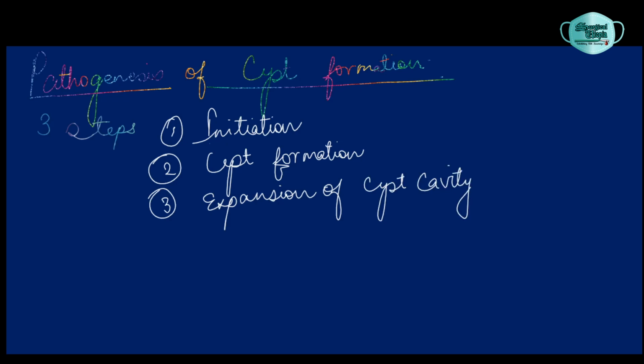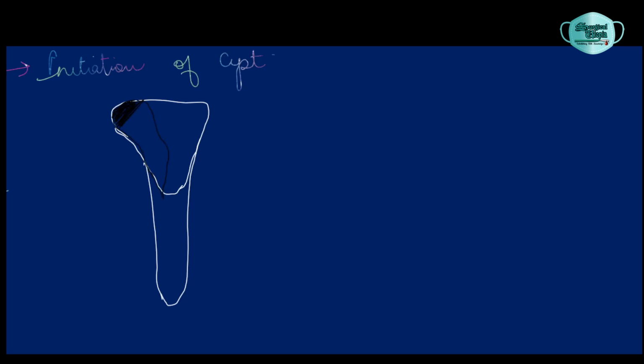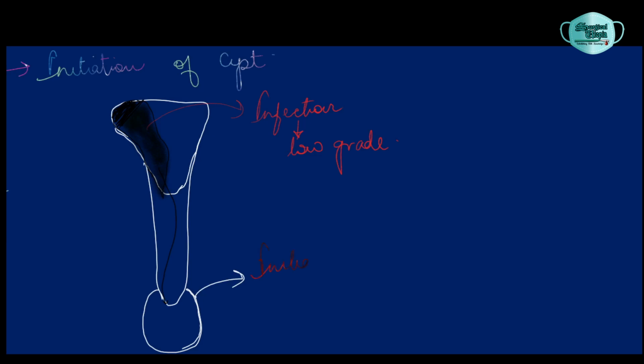So we will discuss the first process, that is how a cyst formation starts, the initiation of a cyst. There are multiple factors responsible for the initiation of cyst formation, and this depends on the type of cyst, but mostly a chronic low-grade infection invades the tissue or the pulp of the tooth and causes the activation of the dormant cells of the tooth.